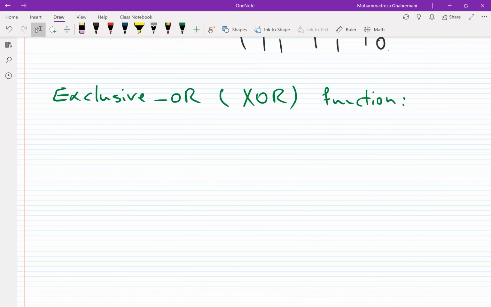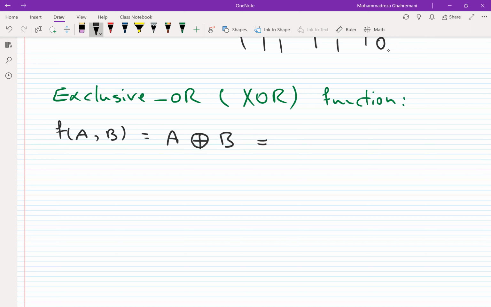We show this function in this way: f of a and b is equal to a, this symbol for XOR function, a circle with a plus sign in it, b.